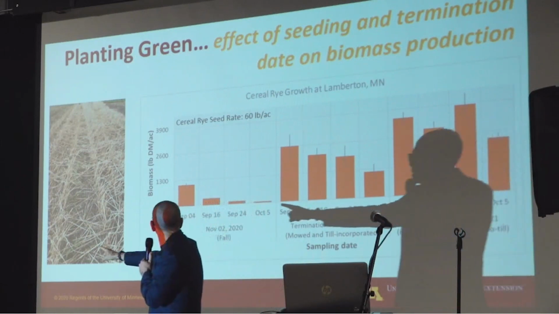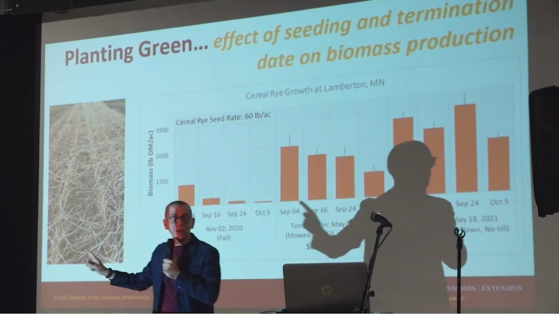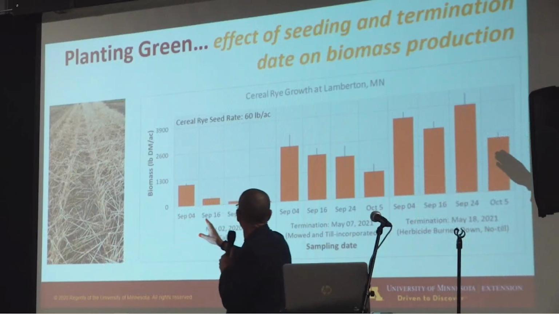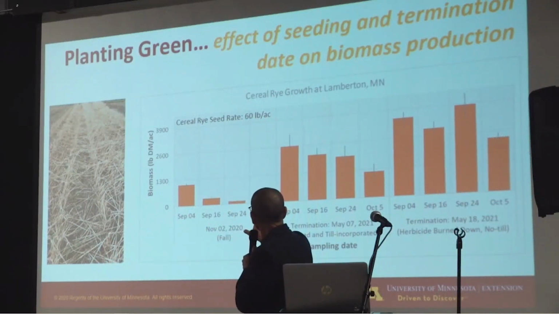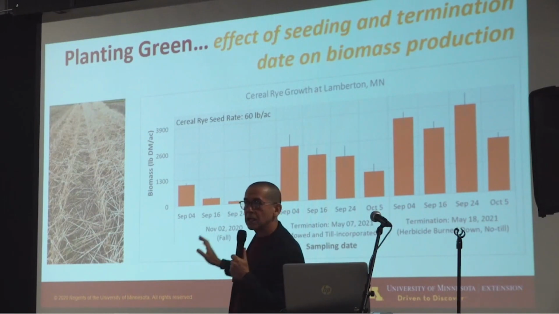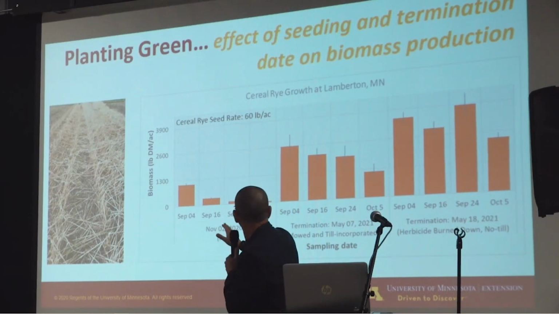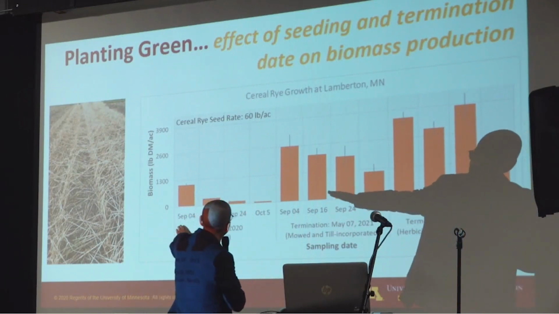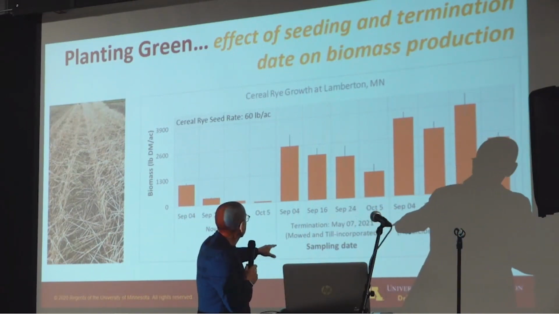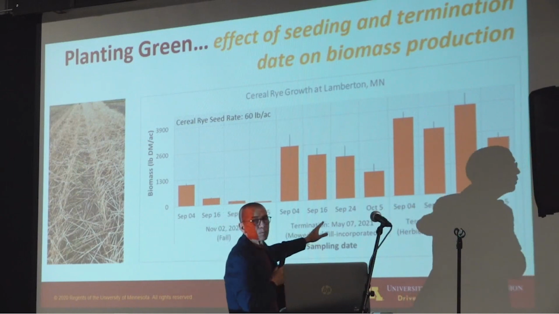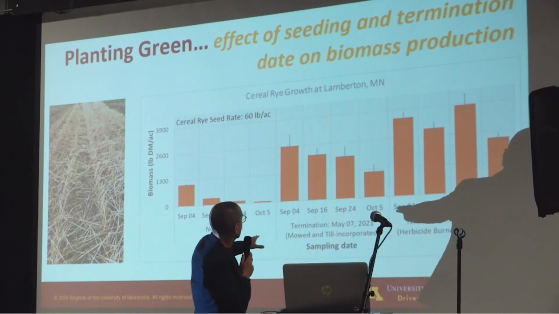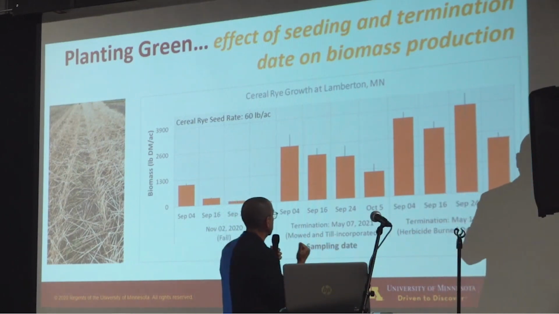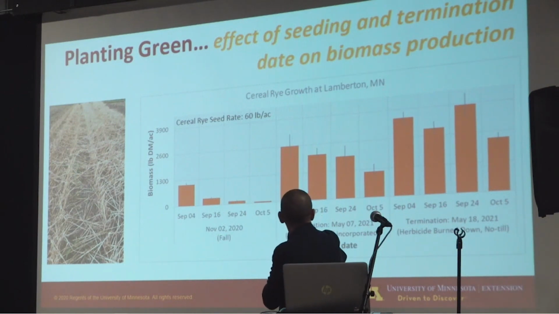This is fall biomass, okay? And then for September 24th, even less, and October the 5th, almost nothing. So the earlier we seeded, the better it was. And then each one of those planting dates was used to plant corn and soybeans the following year. That was in 2021, I'm sorry.